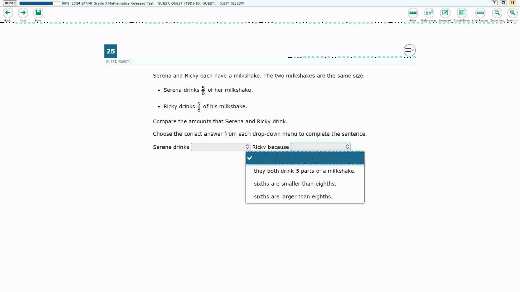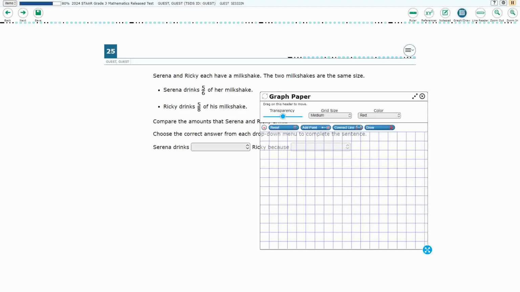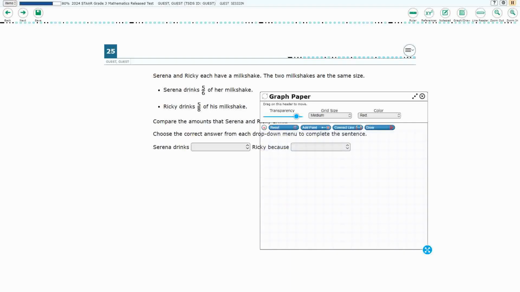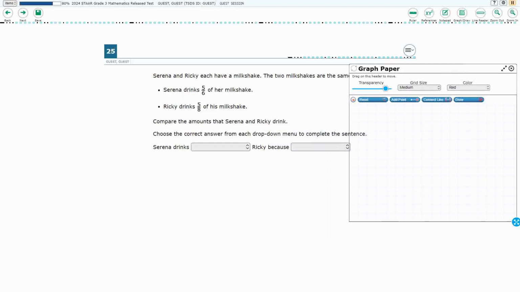All right, so we have got Serena and Ricky. They each have a milkshake. The two milkshakes are the same size. We're comparing these two fractions here, and each milkshake is going to have the same size. We can draw something that represents that. Let's use the connect line feature here, and that might be one milkshake.